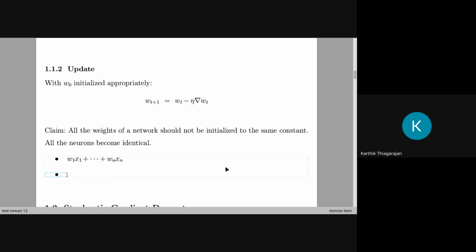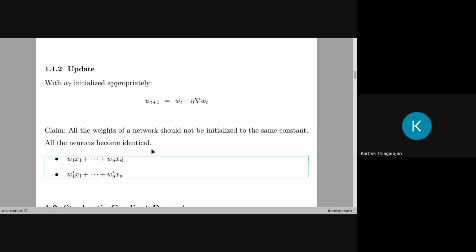Now, in that same hidden layer, let's take a second neuron with weights W1 prime and so on. That is also going to take all x1 to xn as input. Remember, all neurons take input from all neurons in the previous layer. Now if I set W1 equal to W1 prime and W2 equal to W2 prime, and so on, do you see that these two neurons compute the same value no matter what the input is? Yes, sir.